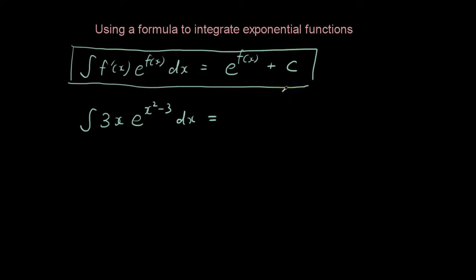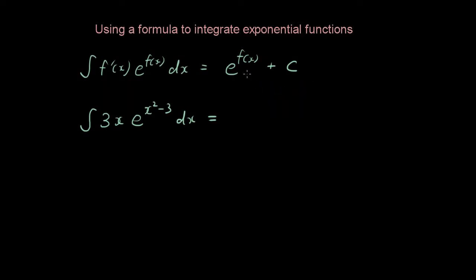What do we need in this formula? We need f of x and f dash of x. From this equation, we can see f of x is x squared minus 3. Now, what is f dash of x? If you differentiate this function, you will get 2x.